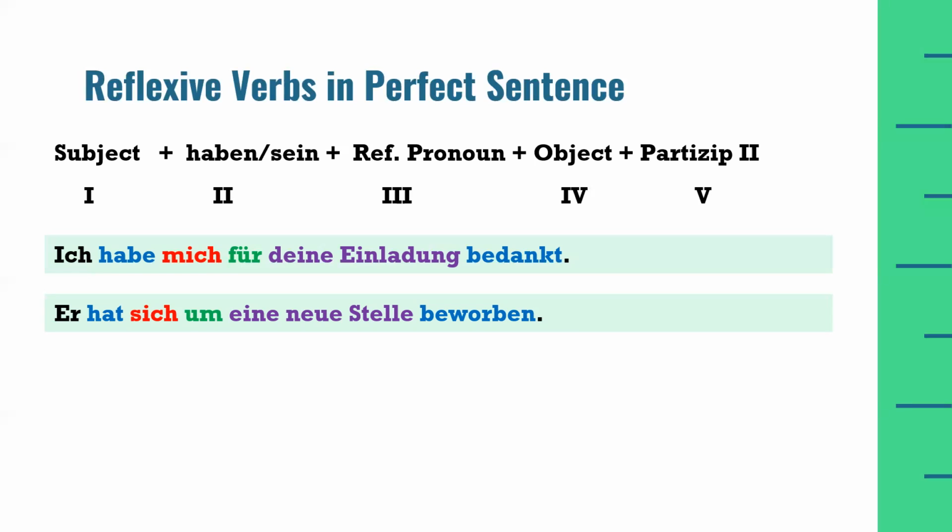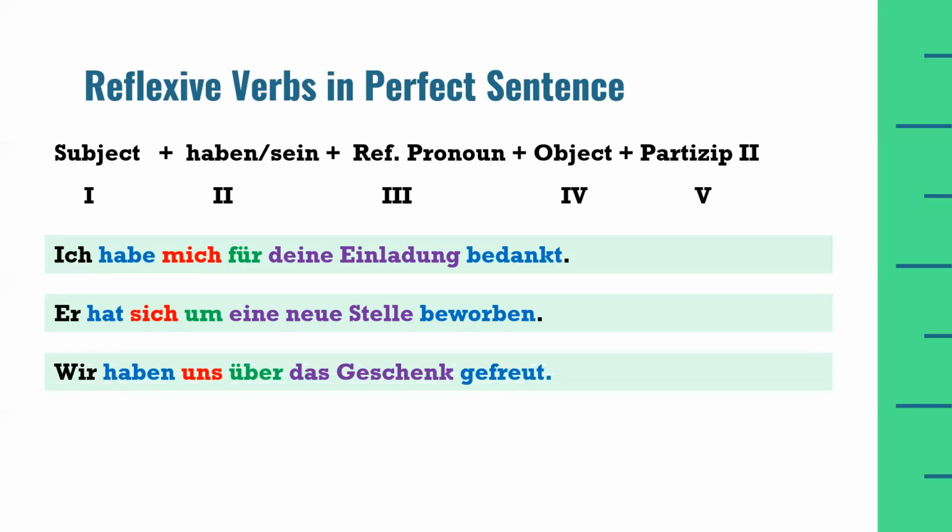If we have er as the subject, the reflexive pronoun will be sich. Then comes an accusative preposition, which means in the next part of the sentence, we have to apply the rules of accusative. And the last part of the sentence is for the participe zwei. So bewerben becomes beworben because it is the participe zwei form of sich bewerben.